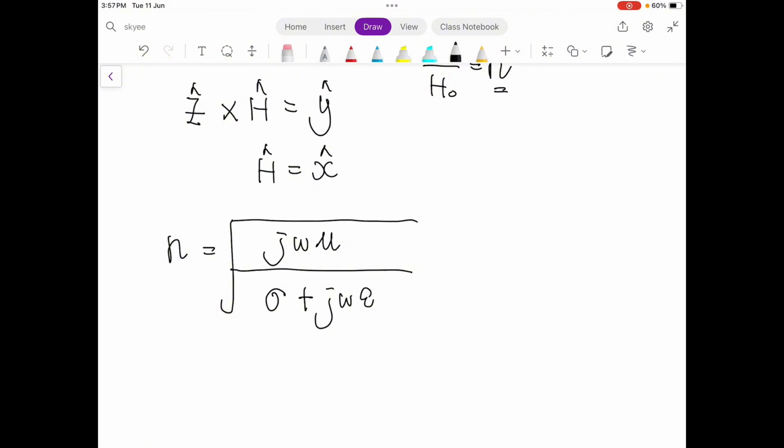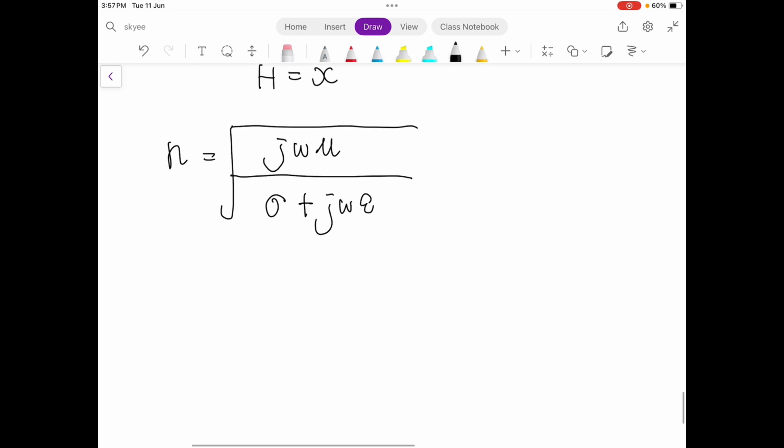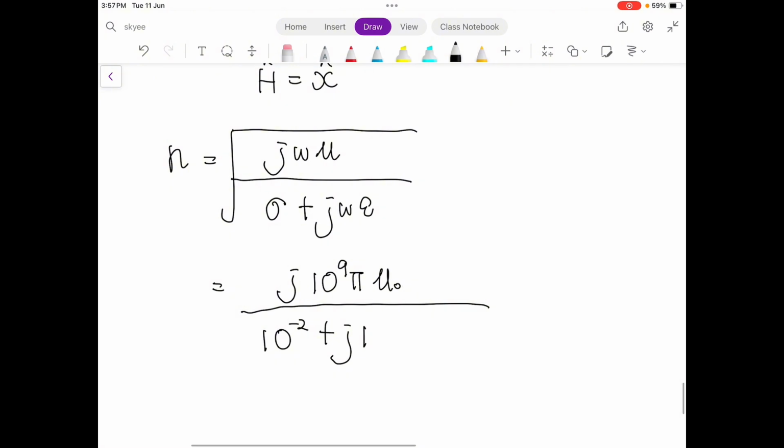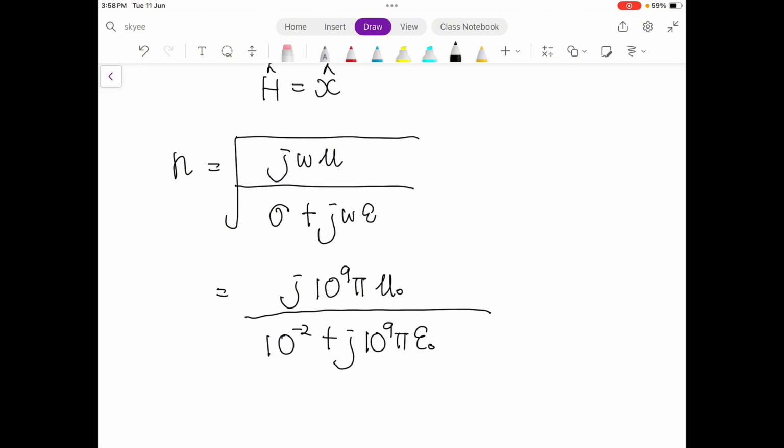We try to replace the values. j omega is 10 power 9 pi, and this is mu naught only. Over here you have 10 negative 2 plus j 10 power 9 pi epsilon naught and 4.